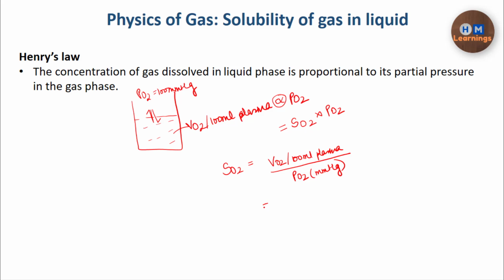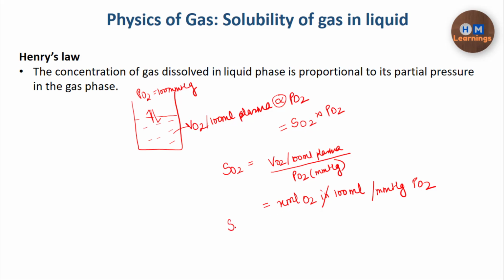That means suppose x ml of oxygen is dissolved in 100 ml of blood, or per unit ml of arterial plasma, per mmHg of the PO2 in the gaseous phase. This is how you are going to write the solubility coefficient.